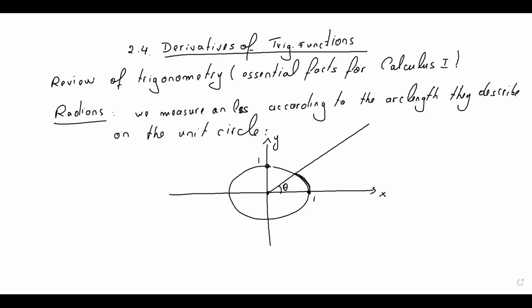So let me make that with a different color. So here's what we measure. We measure this arc length, and that's called the measure of theta in radians.